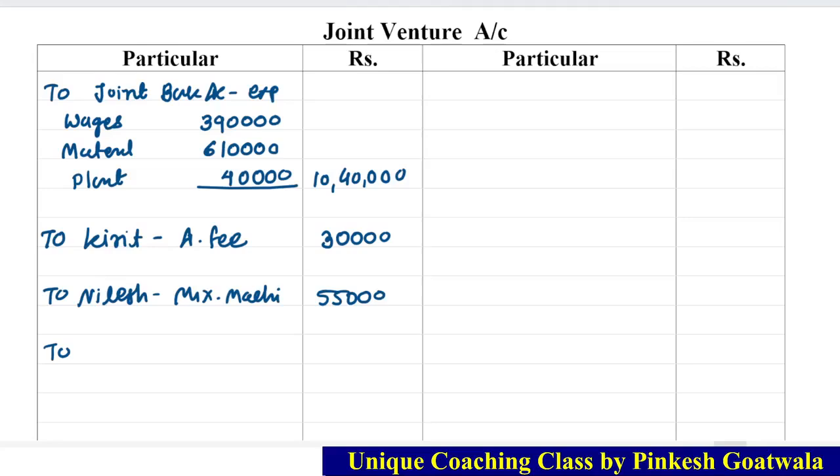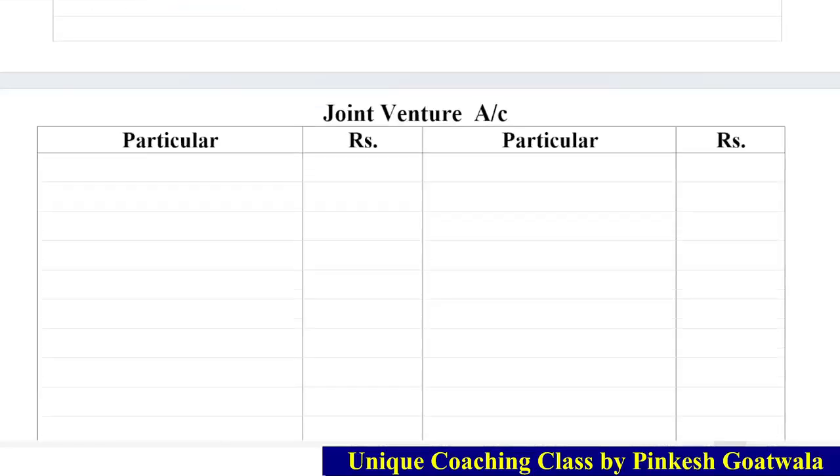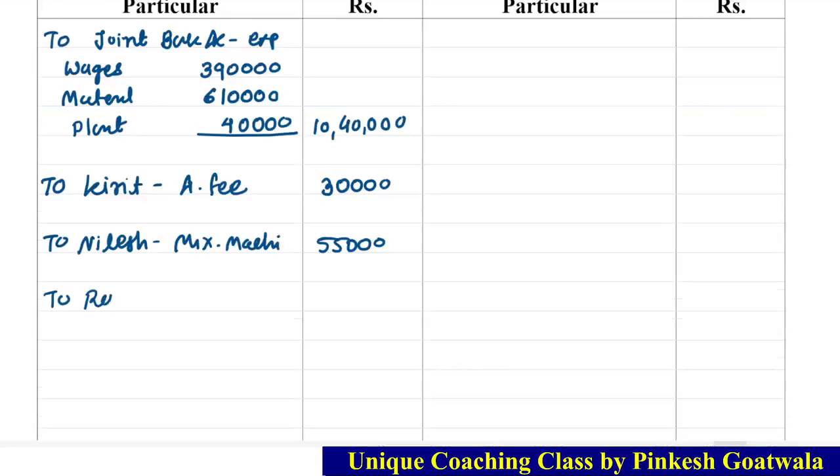And the last, who is last? Rajesh vehicle લાવે છે. Rajesh brought a vehicle. Whatever the partner brings into the business, give effect on the debit side, and all of this cross entry goes into their accounts: Kirit, Nilesh and Rajesh.